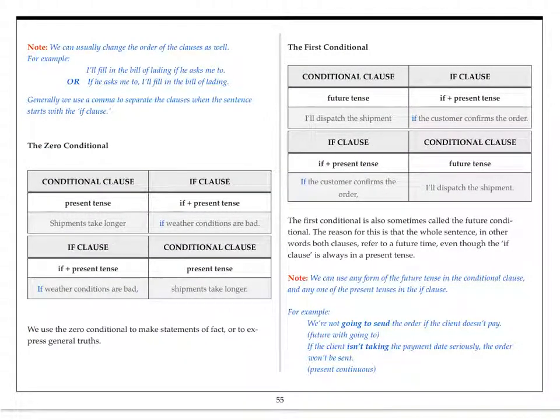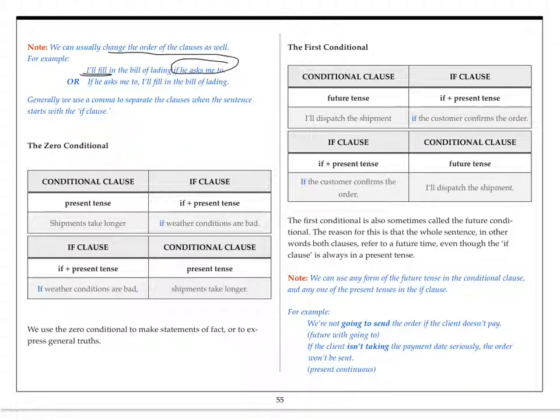Okay, so that's what's in the note here, what I was just explaining. We can change the order of the clauses. Have a look at the two examples. I will fill in the bill of lading if he asks me to, right? That's your first conditional there. And it starts with the conditional clause and ends with the if clause.